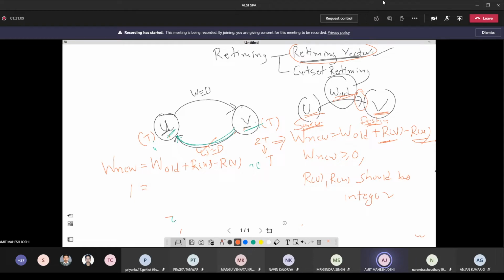What W new equal to 1 suggests is that I want W equal to D in this particular area. I hope you are following me. This is a delay free path, so I need to break it. In order to break the delay free path, I need to introduce a delay over here. The W new I want is 1. What was my W old?